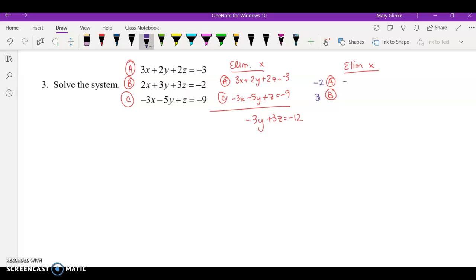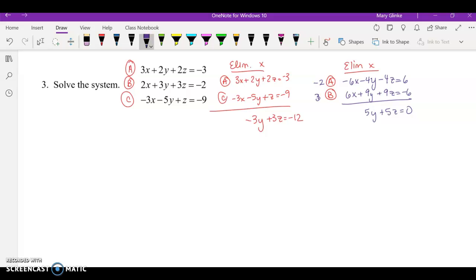So we multiply everything in A by negative 2, and everything in B by 3, and we add them together. So we would end up getting 5y plus 5z equals 0.